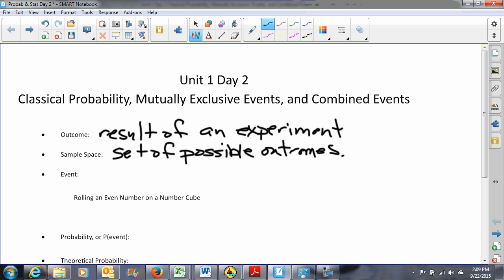Now, I'm just going to mention here that we try to list the outcomes in such a way that they're all equally likely. See, if our experiment is rolling 2 dice, then the outcome of getting a 7 on the 2 dice is not as likely as the outcome of getting a 2 as the sum on the 2 dice.